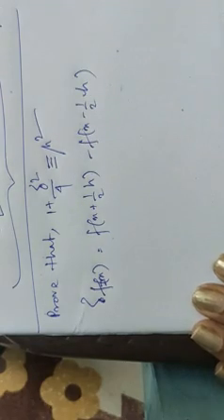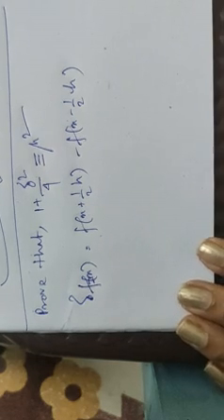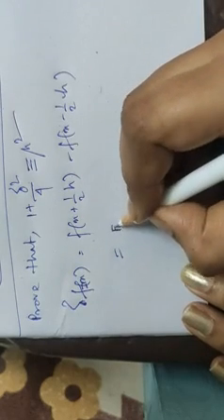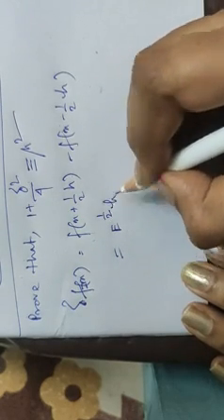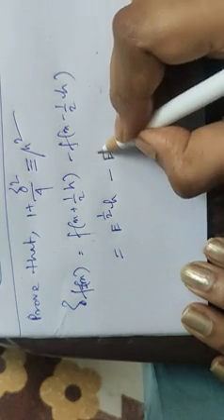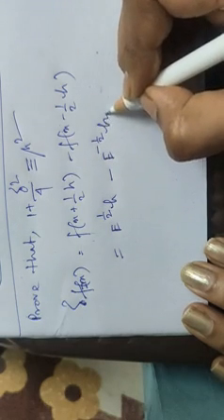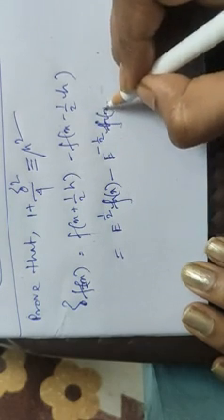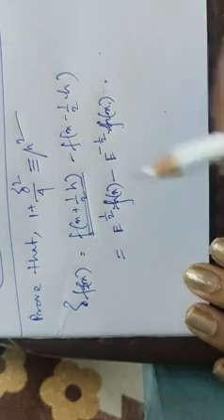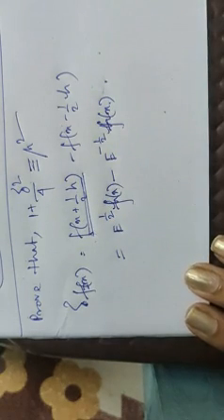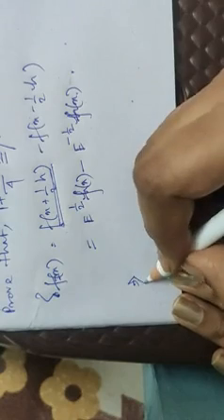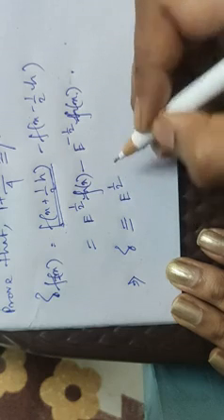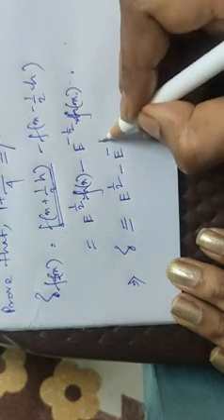So how can we express this operator using E, the shifting operator? We can write it as e to the power half minus e to the power minus half, of f of x. So delta is equivalent to e to the power half minus e to the power minus half.